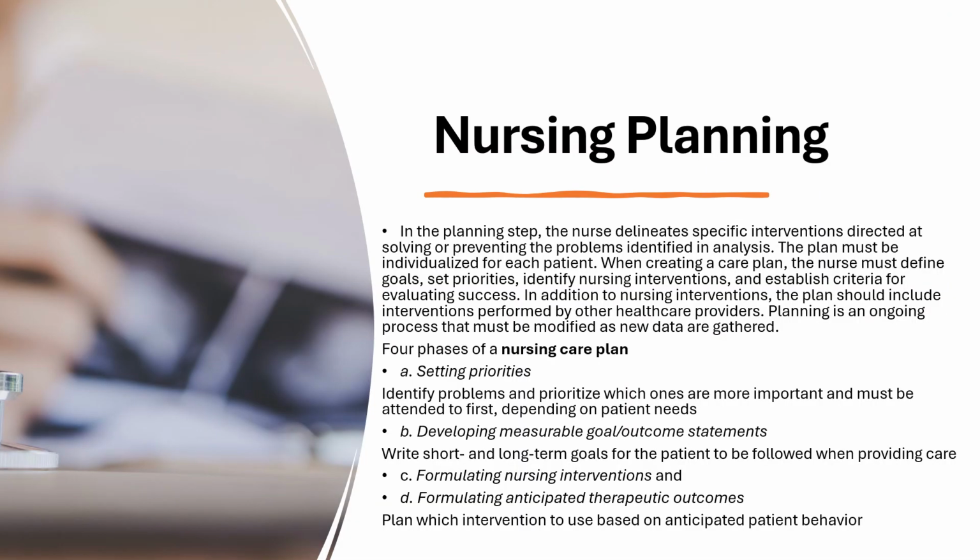The planning phase of the nursing process prioritizes diagnoses, formulates desired outcomes, and selects nursing interventions that can assist the patient to establish an optimum level of wellness. Short or long-term goals are established that focus on what the patient will be able to do or achieve, not what the nurse will do.